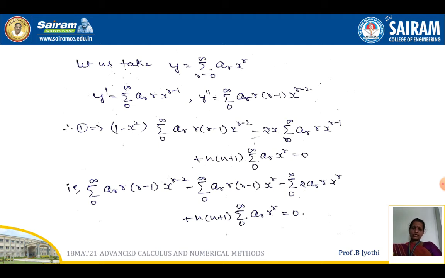So it is 2 a_r r x power r plus n into n plus 1 into sigma a_r x power r is equal to 0. This is on substitution of y dash and y double dash, and then simplifying and adding the powers of the like terms.